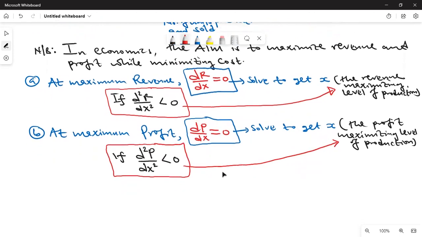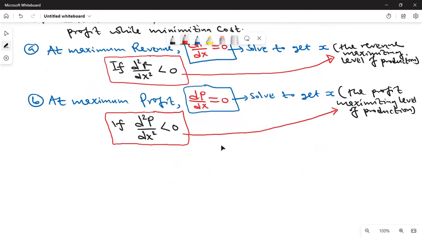Another one is, how do you minimize cost? So, we can talk of at minimum cost. What do we know? To minimize cost, again, you require that the derivative of the cost function with respect to x must be equal to 0. That's what we know.